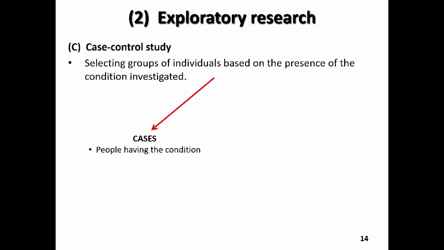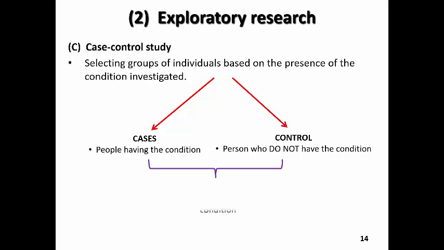And the term case control is established based on two unique populations in question. The cases refer to those individuals, and they form one of the research groups that currently possess the condition or disease in question. The control is a group of research participants who do not have the condition or disease in question.